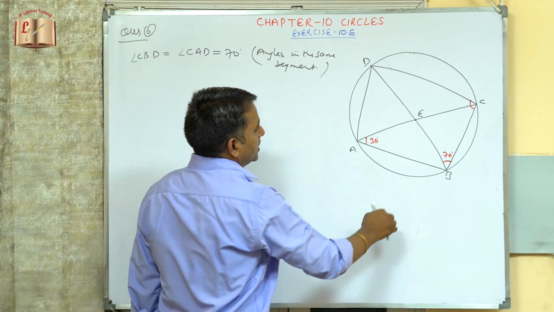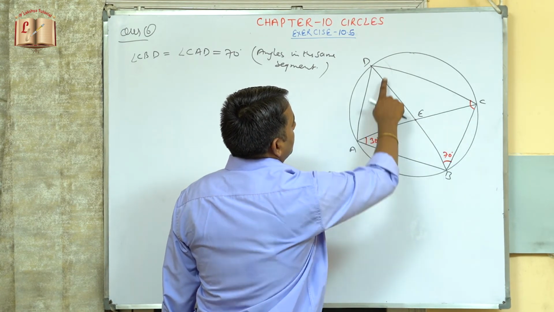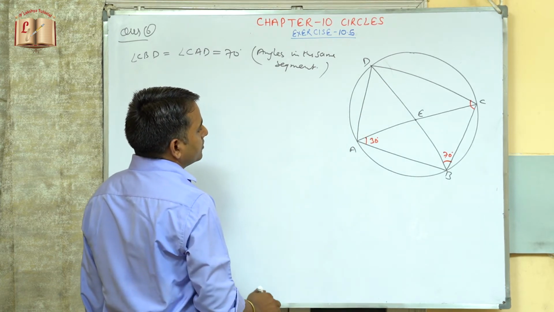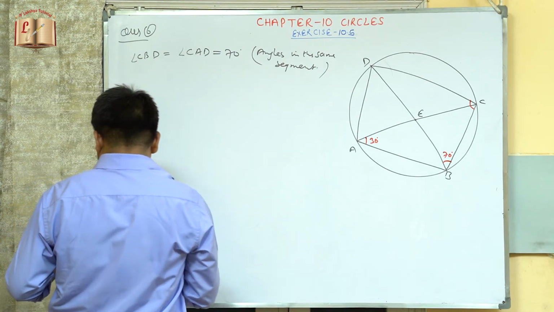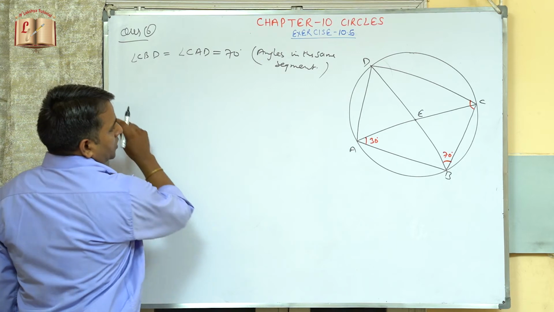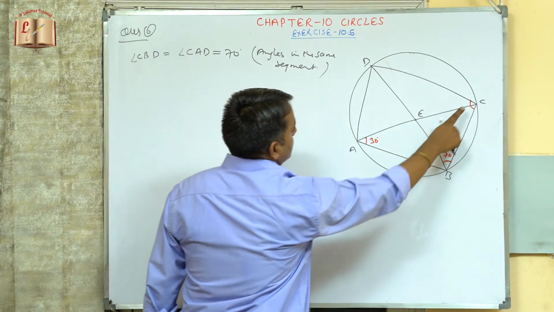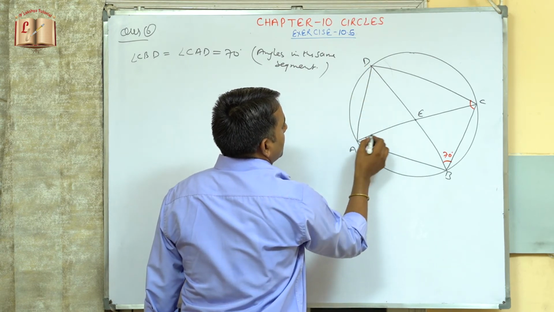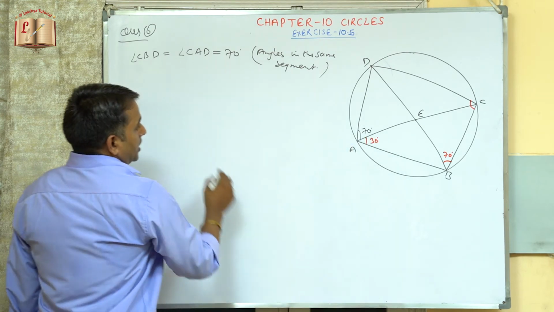And similarly, taking this base, this 30 will be equal to this 30, so we got this angle CAD. CAD is now equal to 70 degree. So this is now 70 degree we got.